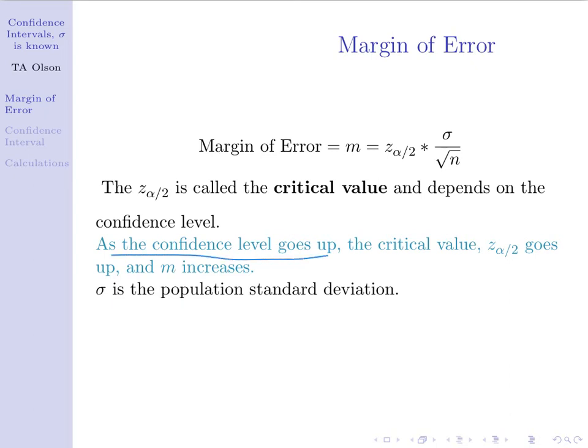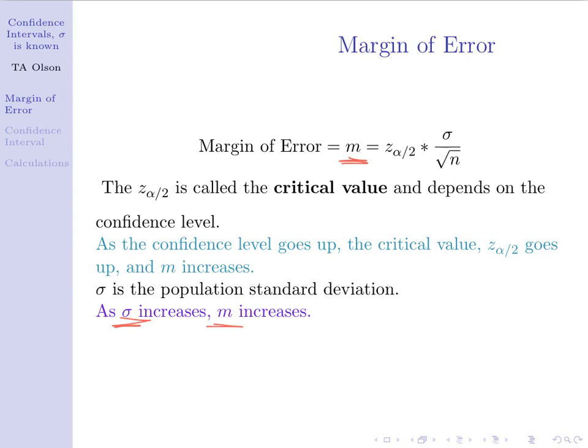As our confidence level goes up, our critical value is going to have to increase, and so our margin of error is going to have to increase. Sigma is going to be our population standard deviation, right? That's this guy. And again, as our standard deviation increases, our margin of error will also increase. So Z and sigma, they behave pretty nicely.